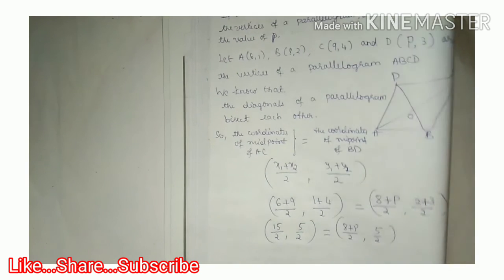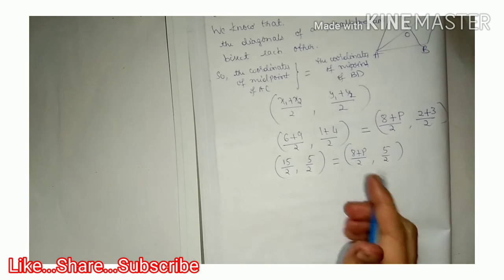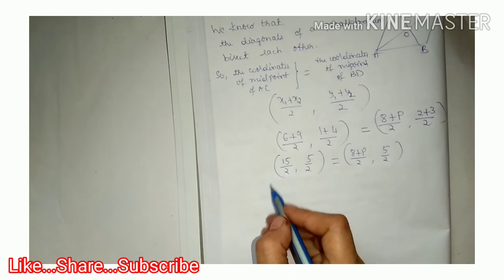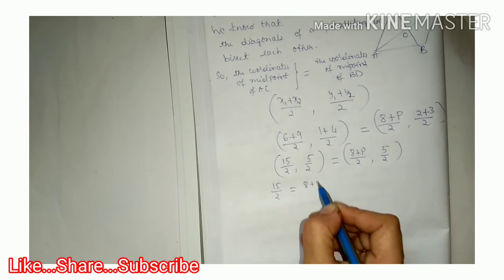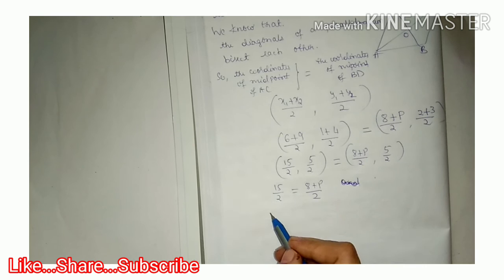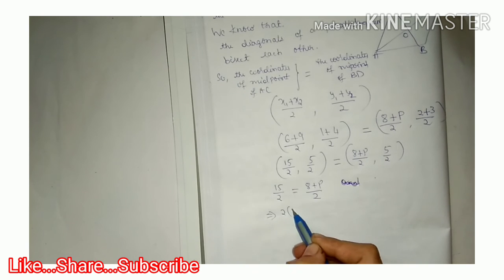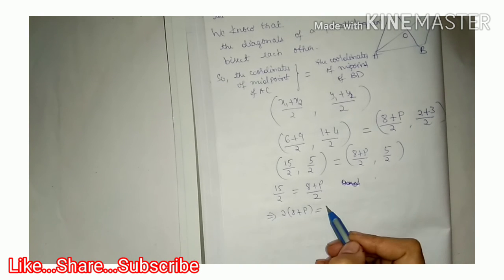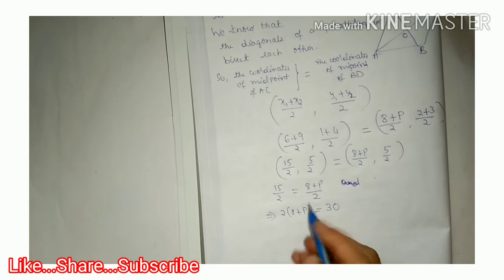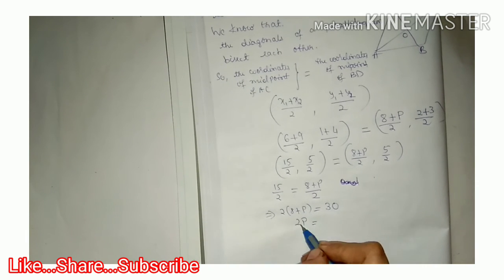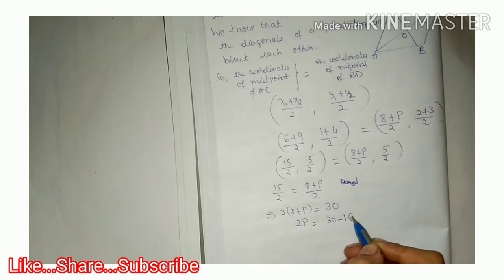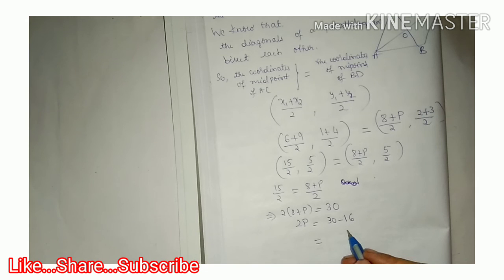Since both are the coordinates of the same point O, we can write 15 by 2 is equal to (8 plus P)/2. Cross multiply: 2(8 plus P) is equal to 15 into 2, 30. 2P is equal to 30 minus 16, which is 14.